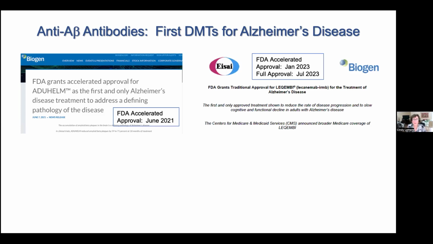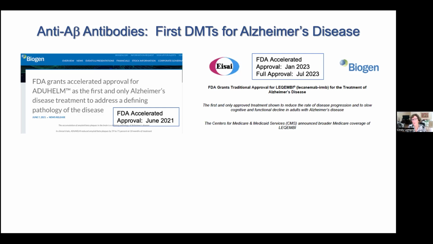In January of last year, 1 year ago, the FDA gave accelerated approval to Eisai and Biogen for Leqembi, which is an antibody known as lecanemab. And this antibody was initially discovered and characterized by Lars Lannfelt's group at BioArctic in Sweden.